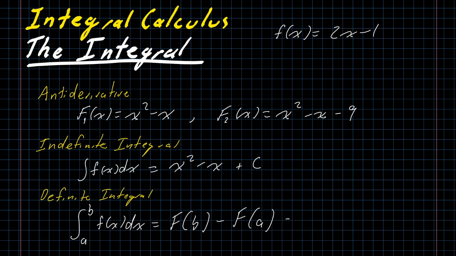So in this case, that's going to be b squared minus b minus a squared minus a. And pick values of a and b to get a particular definite integral, and you can go from there.